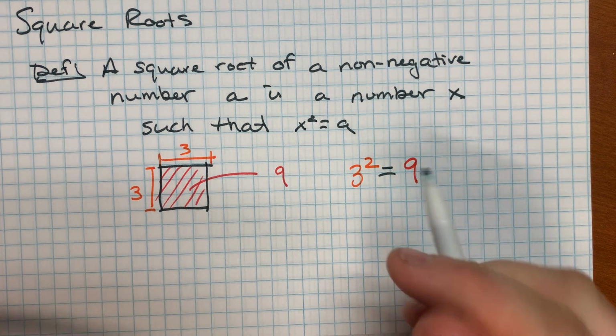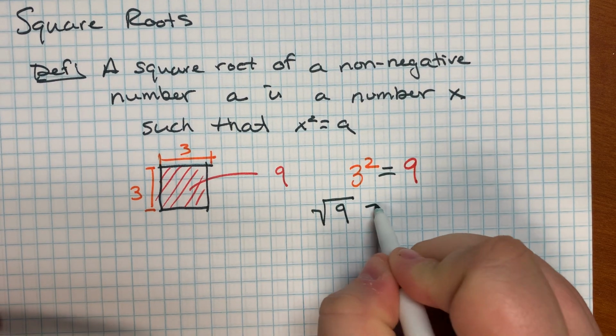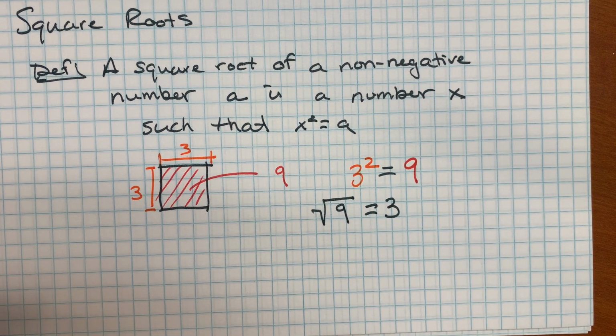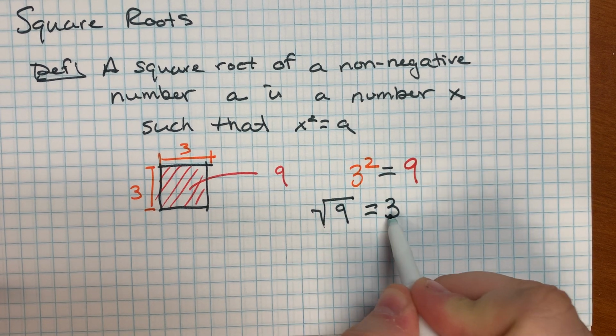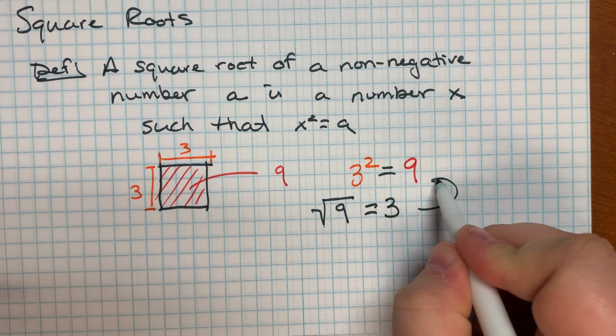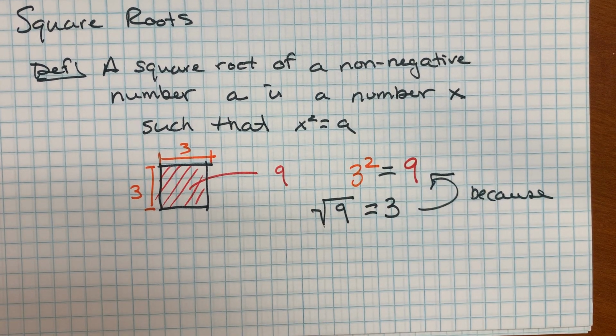So we say the square root of 9, which we write with this symbol, is 3, because 3 squared equals 9.